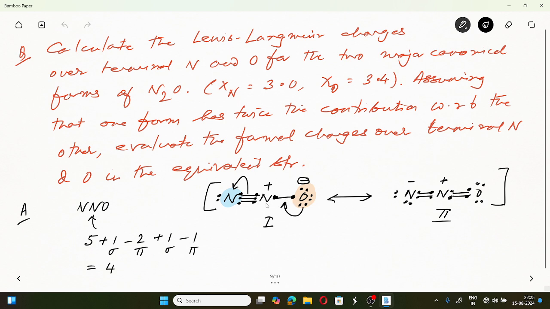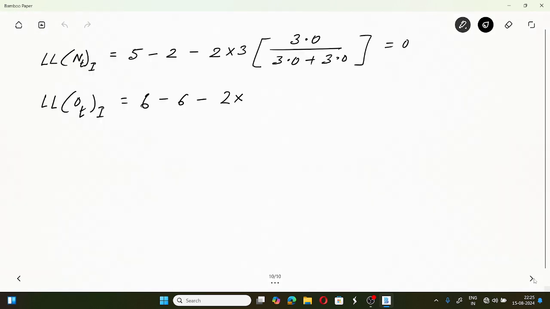And that bond is with the central nitrogen. So 2 into 1, and the electronegativity of nitrogen is 3.0. The electronegativity of oxygen is 3.4, divided by 3.4 plus 3.0.